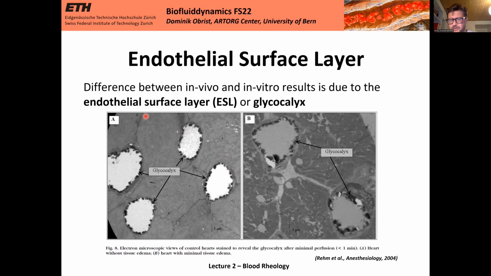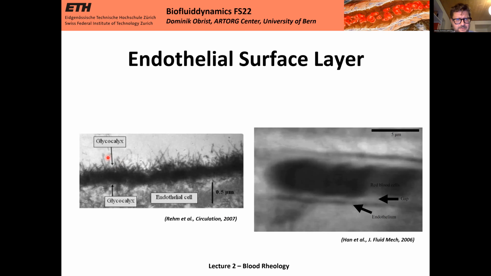These are large molecules. Here we see it again. It looks a bit like grass. These are large molecules, I think sugar-like molecules, that are lining the inner side of the smallest blood vessels, mainly of capillaries, such that there's always this little gap between the wall, the endothelial wall of the capillary, and the red blood cell.